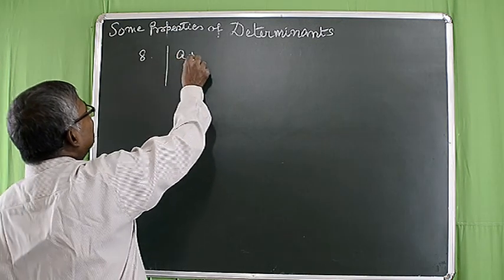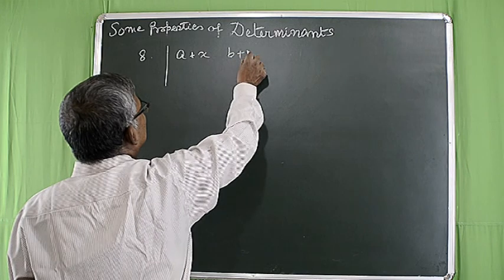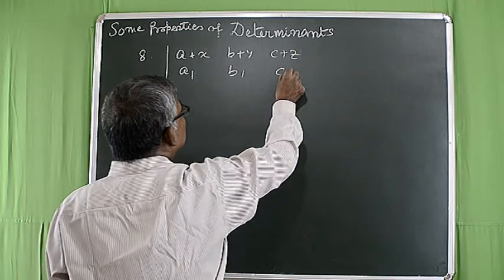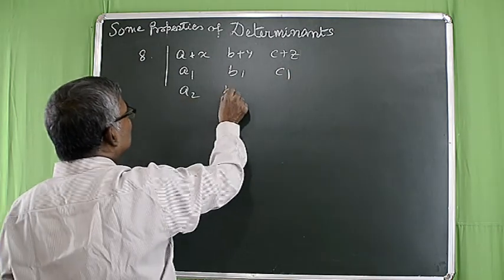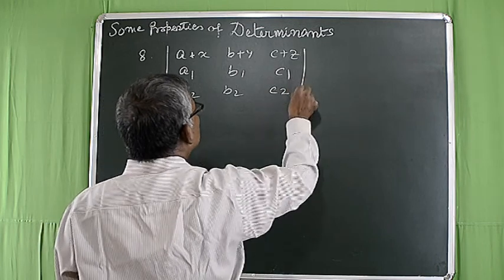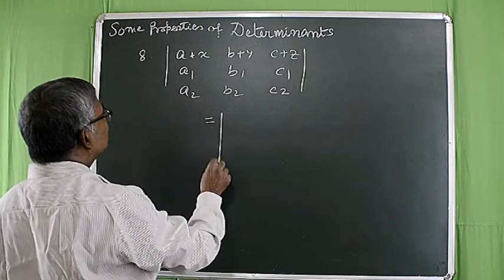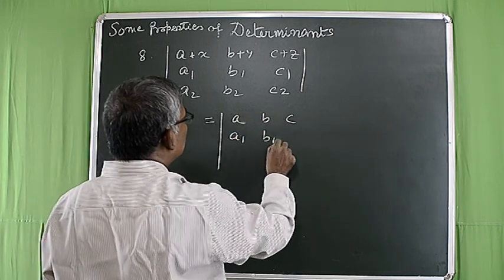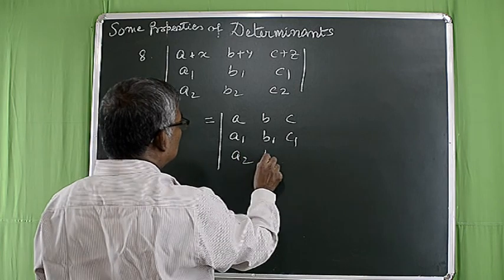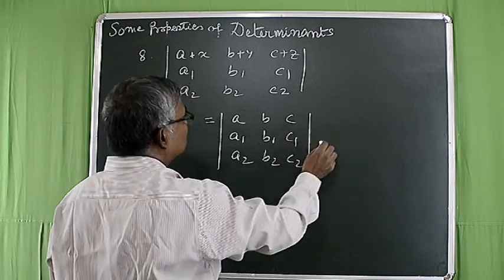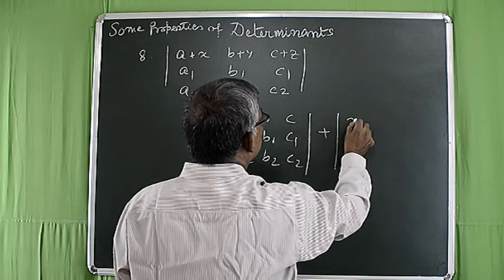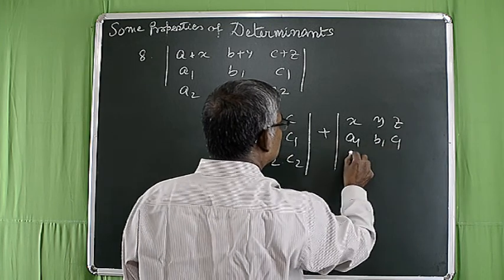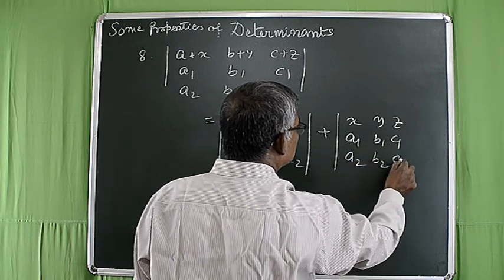Suppose a plus x, b plus y, c plus z, a1, b1, c1, a2, b2, c2. Then it can be written as a, b, c, a1, b1, c1, a2, b2, c2 plus x, y, z, a1, b1, c1, a2, b2, c2.